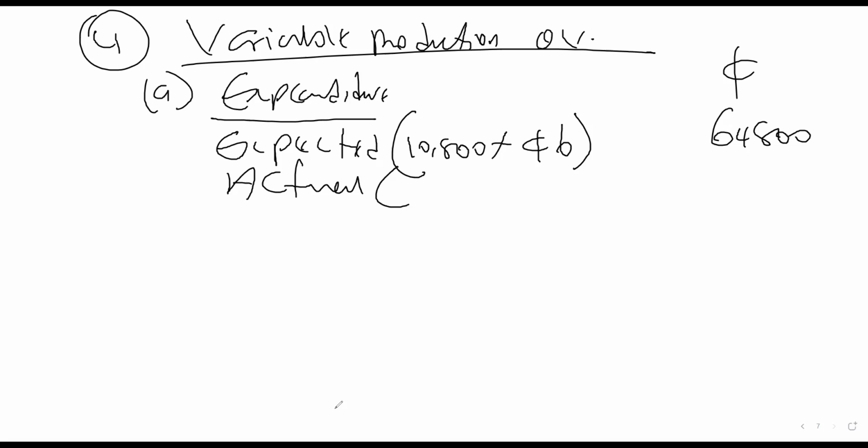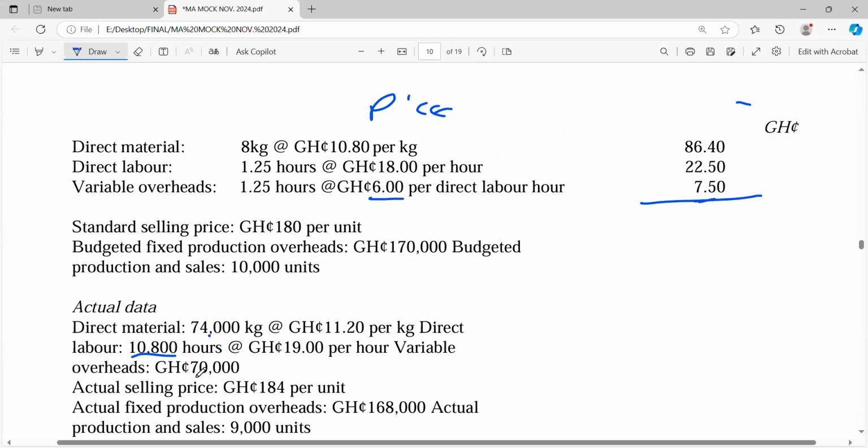cost they incurred, the variable overhead, is 70,000. So the actual is 70,000.